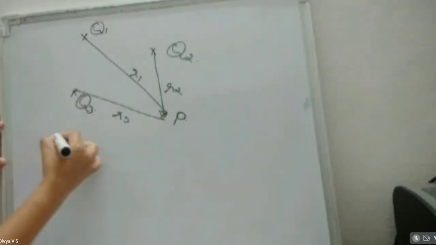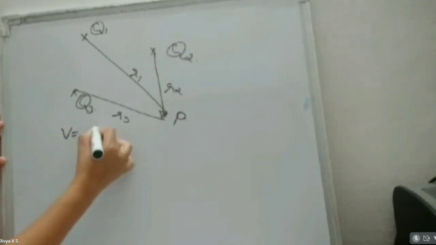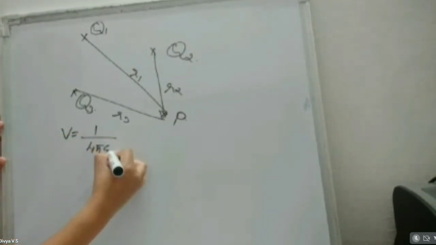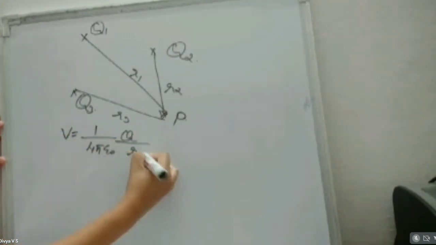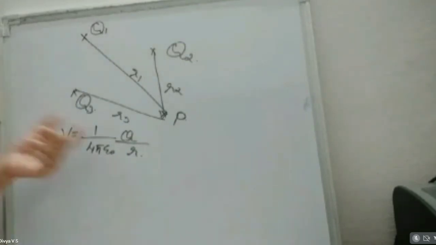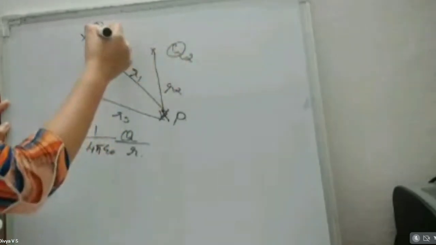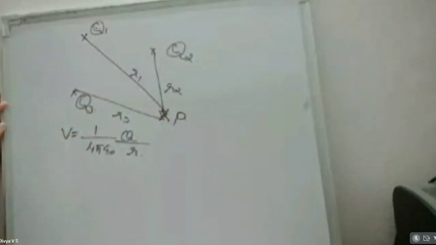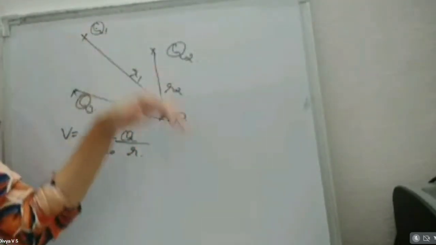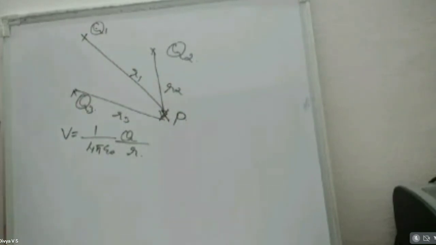Okay. Now we know the expression for potential, that is 1 by 4 pi epsilon 0 Q divided by R. So the electrostatic potential at a particular point because of a system of charges will be the sum of each one. This is known as the superposition principle. You already studied the superposition principle in the case of electric field and force, isn't it?